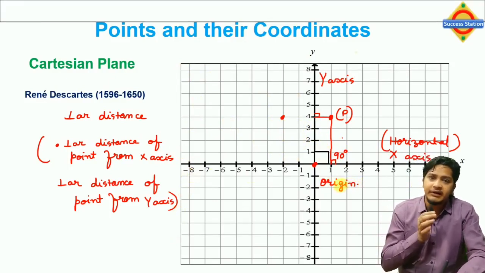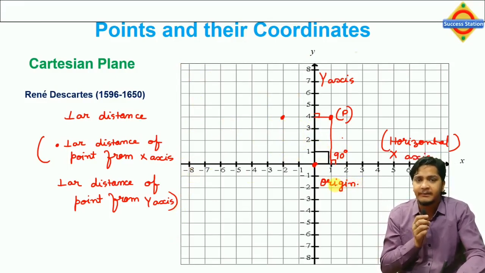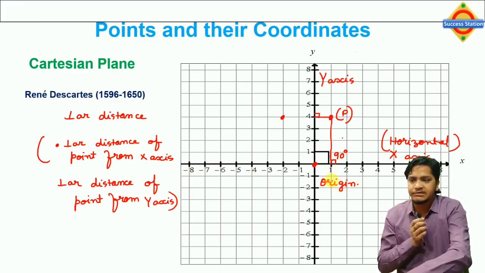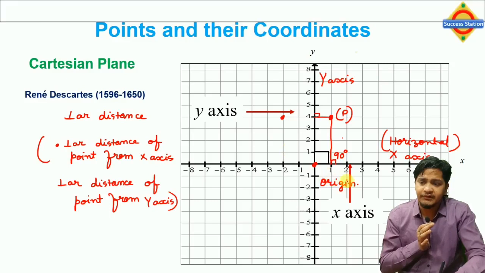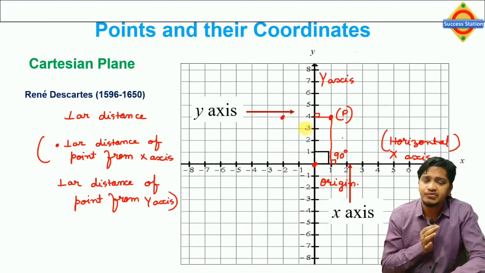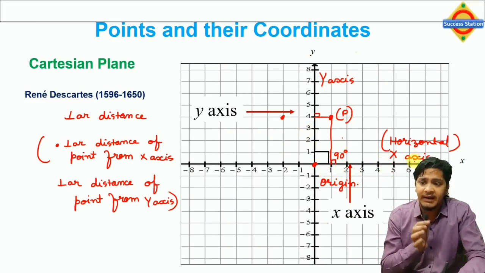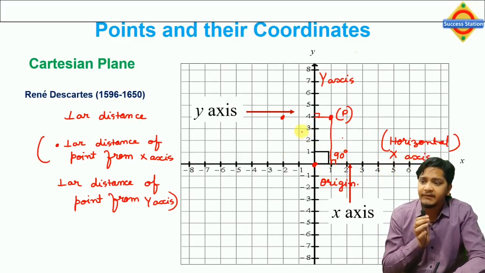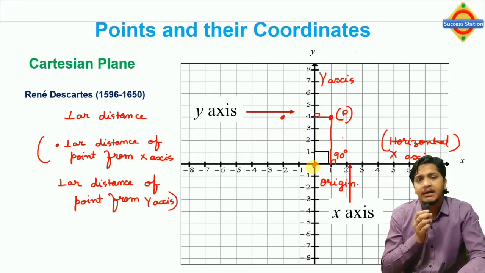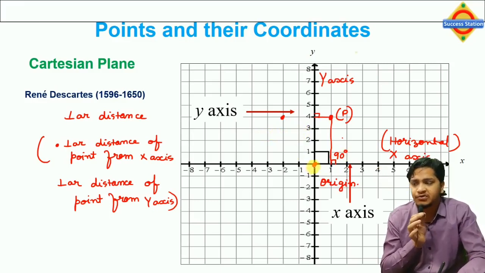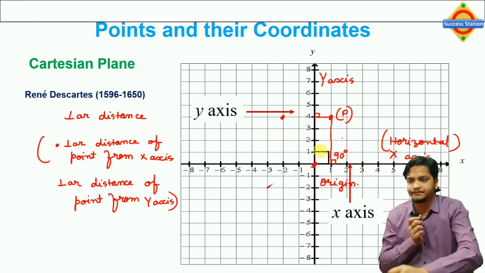So any two-dimensional thing is called a plane. So this one was the x-axis and this one was the y-axis. I hope you'll remember this now. Horizontal number line was given the name x-axis, and vertical number line given the name y-axis. The point where the vertical and the horizontal number line met was called the origin.